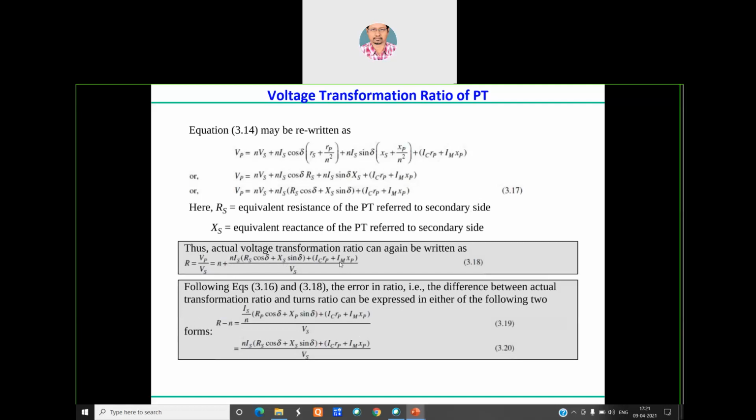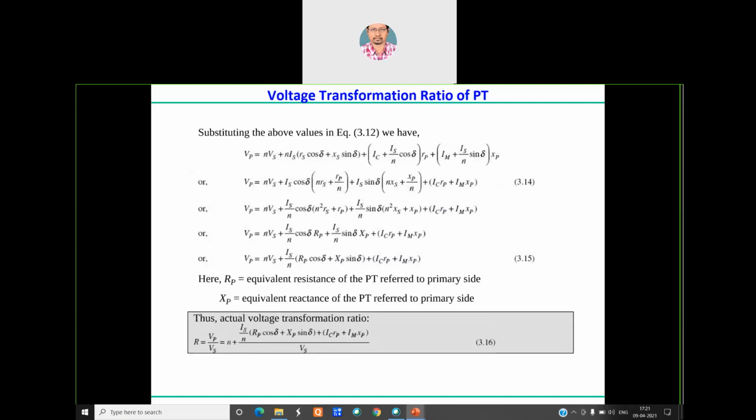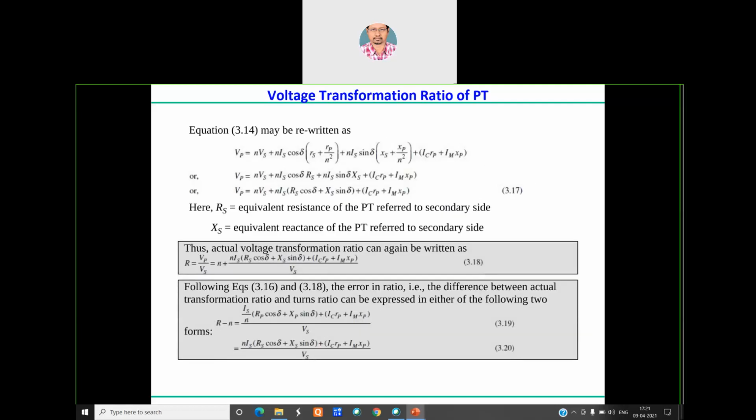So remember that the motive of 3.16 and 3.18 is exactly the same. Okay, so you can refer to whichever equation as per your requirement. Most of the time, you may have to refer to 3.18 for the operational requirement. Clear? So now you know the actual transformation ratio.